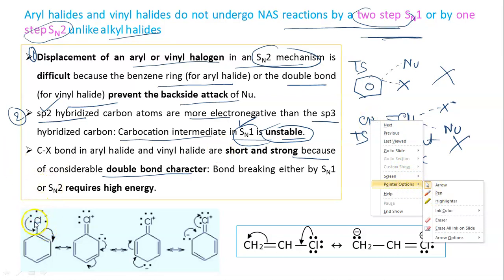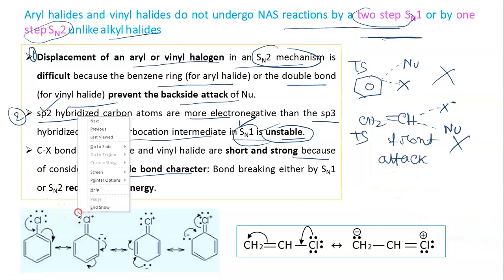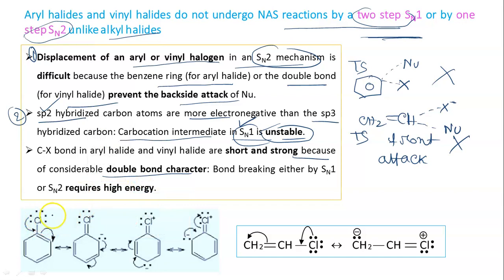See the C-X bond, where X is chlorine. If you see these resonance structures, there is considerable double bond character after resonance. Because of this considerable double bond character, bond breaking, whether by SN1 or SN2, whatever the mechanism, will always require high energy.